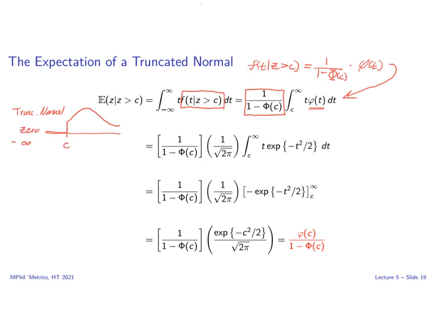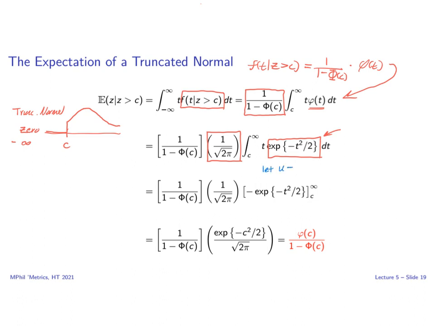Now we will substitute the standard normal density function, little phi of t. We'll pull the constant 1 over square root of 2 pi in front. That leaves us with the integral from c to infinity of t times e to the minus t squared over 2 dt.